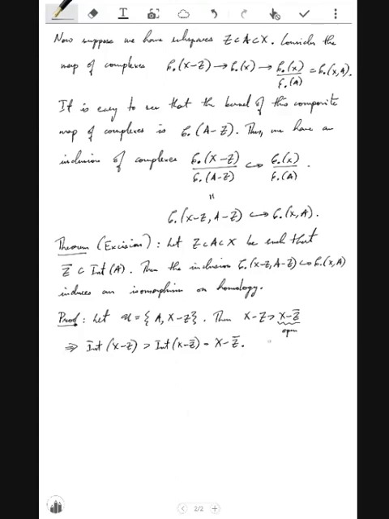And from this we get X is equal to the interior of X minus Z closure union the interior of A.